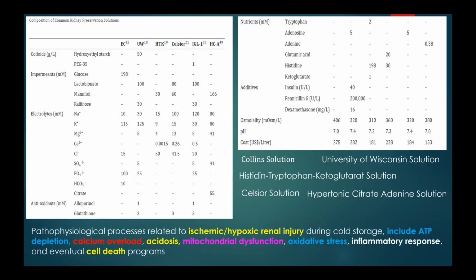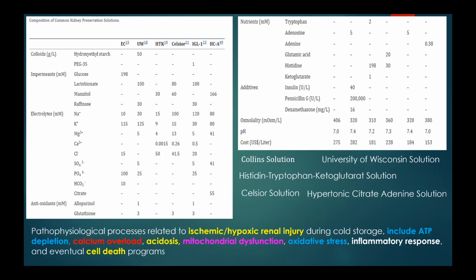The pathophysiological processes related to ischemia, hypoxic renal injury during cold storage, include what mechanisms? ATP depletion, that is, adenosine triphosphate production is decreased, calcium overload occurs, acidosis occurs, and mitochondrial dysfunction, oxidative stress, inflammatory response, and cell death programs, eventual death.